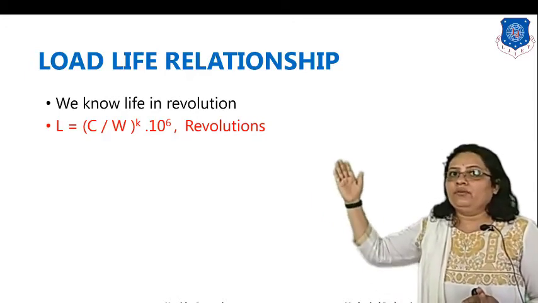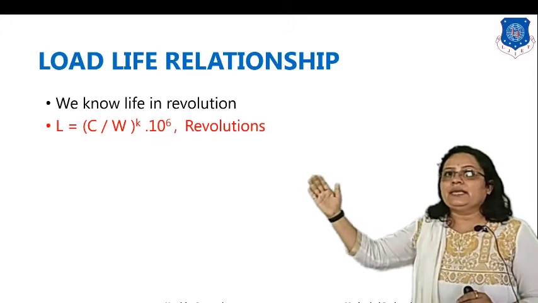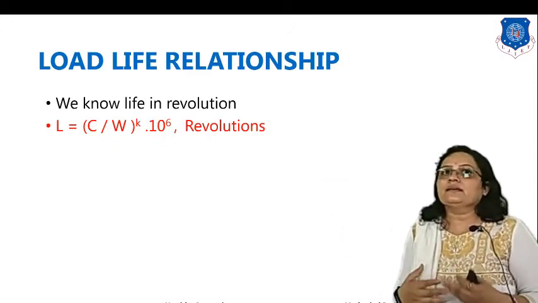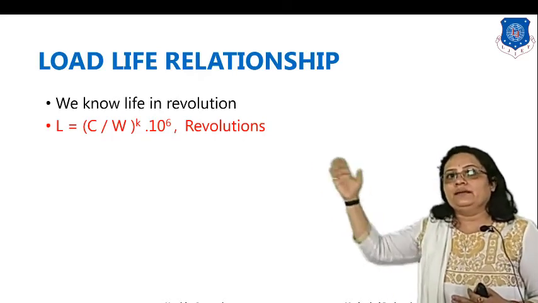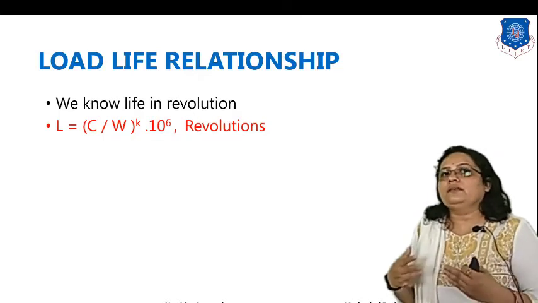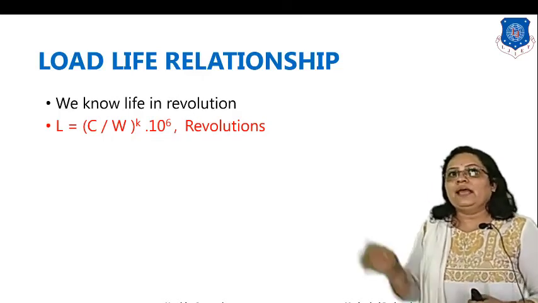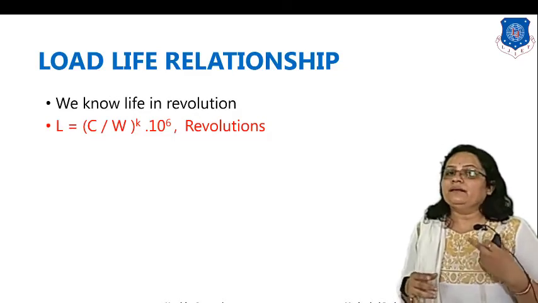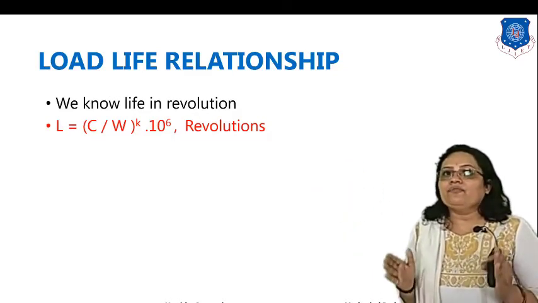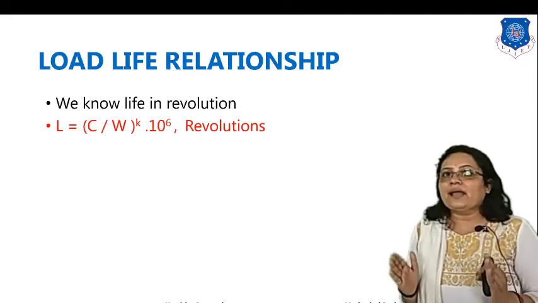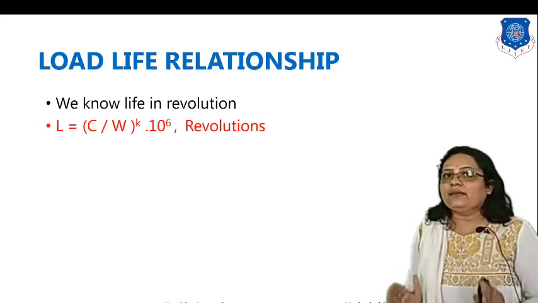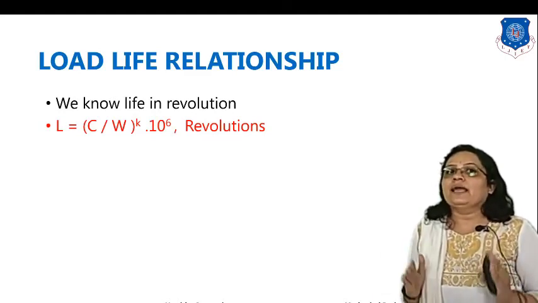So L is equal to C divided by W to the power K. If this is the case of a ball bearing, we take K is equal to 3, and if this is the case of a roller bearing, K is equal to 10 by 3, and 10 to power 6 is 1 million revolutions. So we will just put all values, then we will find out the rating life of the bearing, which corresponds to 90% reliability.